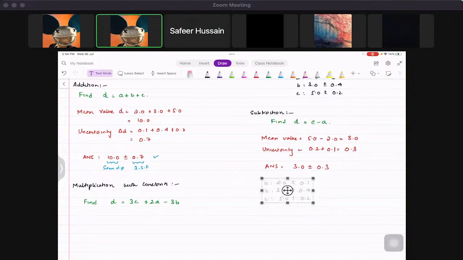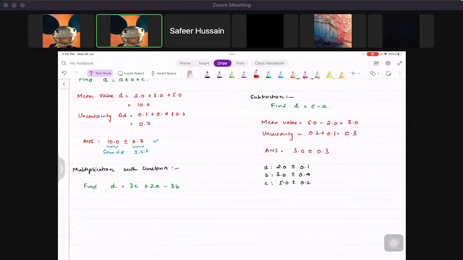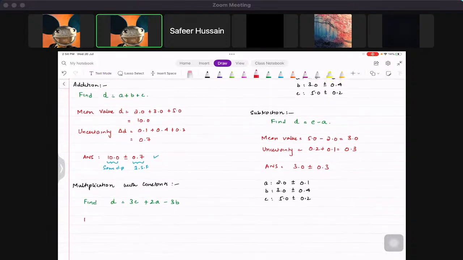Okay, now from this data we are going to find the mean value, which is going to be 3 times 5.0 plus 2 times 2.0 minus 3 times 3.0. So the answer exactly would be 10.0. You can also check from your calculator.